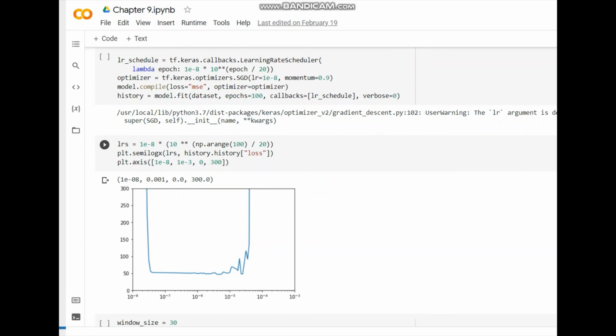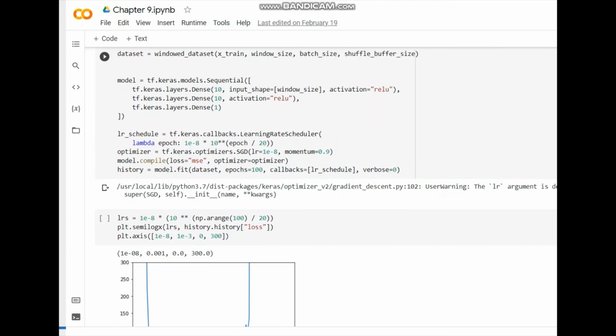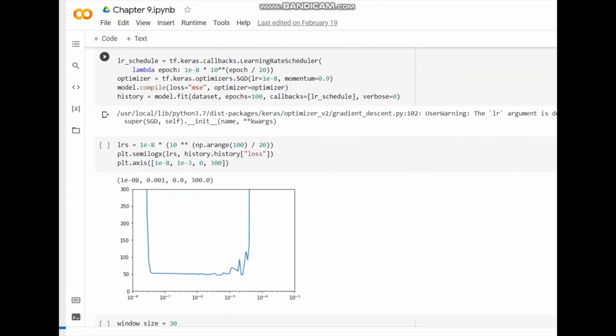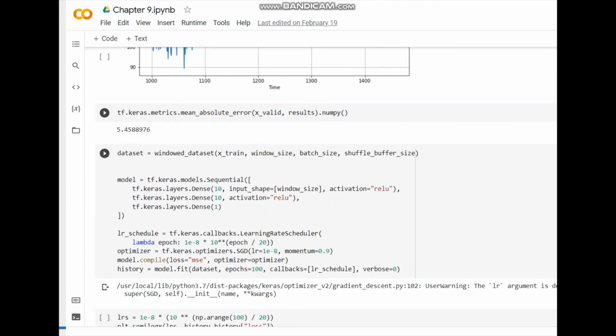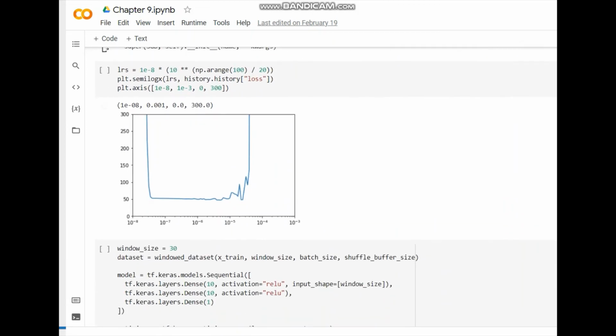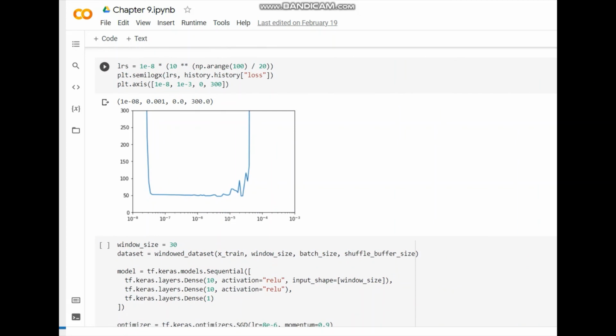And here is the loss after training the model. I've actually trained the model using some SGD optimizers and 3 dense layers. That's the simple way to do it. You can see how the losses are going down and suddenly it spikes up.